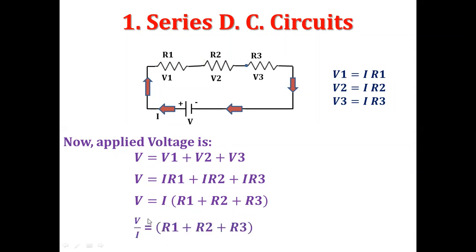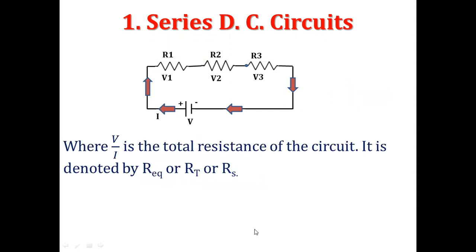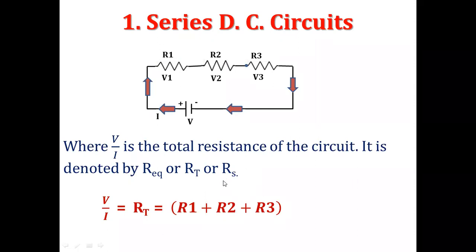This I we send to the LHS side, so V by I. Where V by I is the total resistance of the circuit. It is denoted by R equivalent or R total or RS. Total series resistance we can consider as RS.